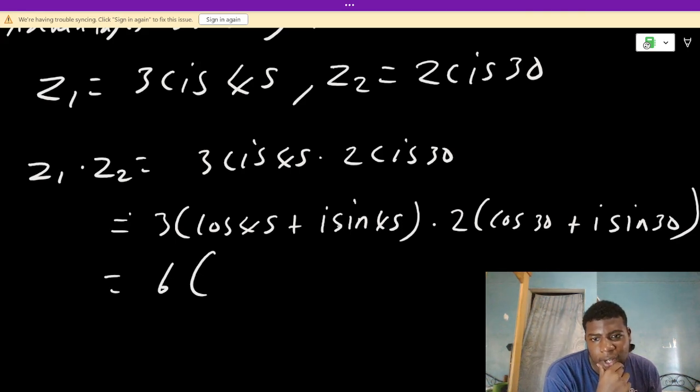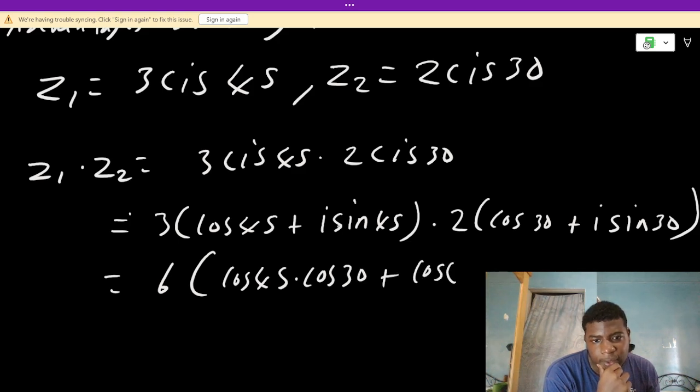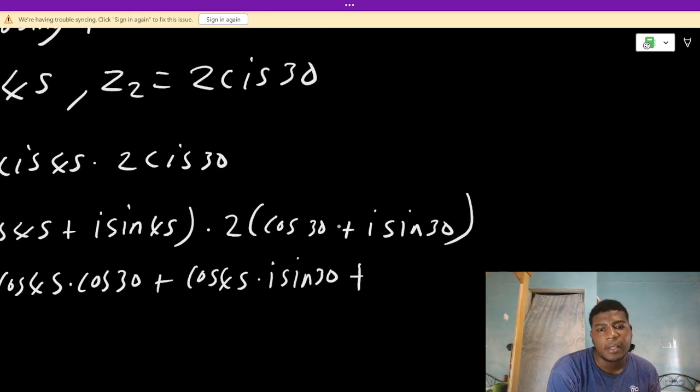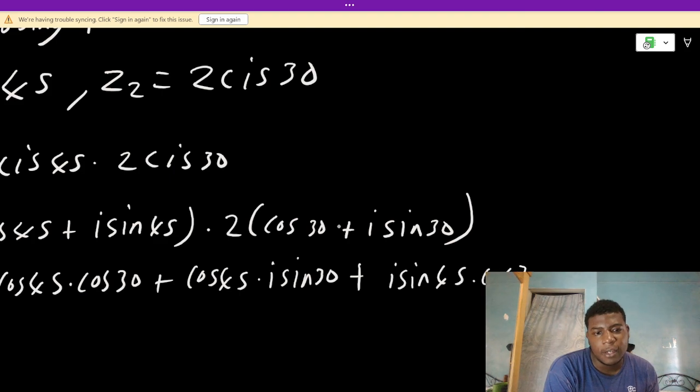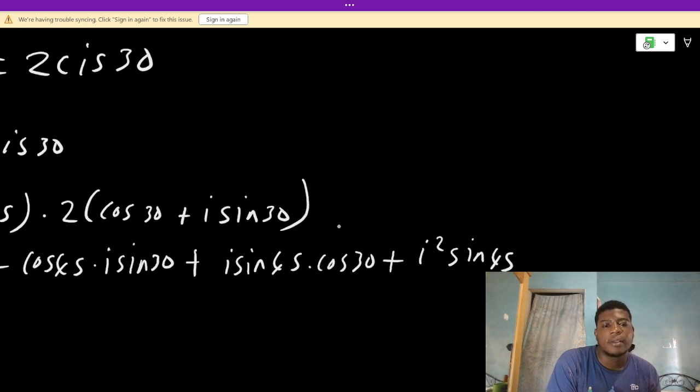And inside you have cos 45 cos 30, plus cos 45 times i sine 30, plus i sine 45 cos 30, plus i squared sine 45 sine 30.